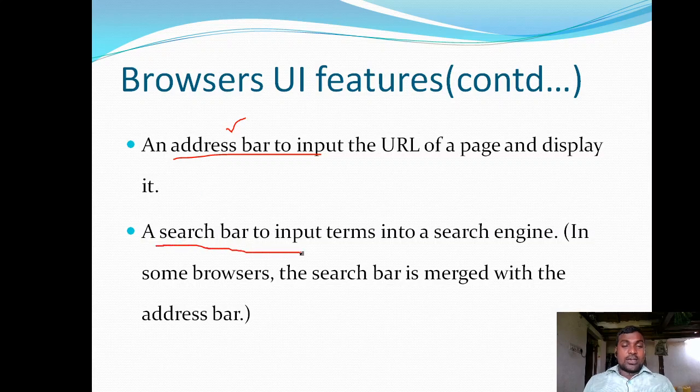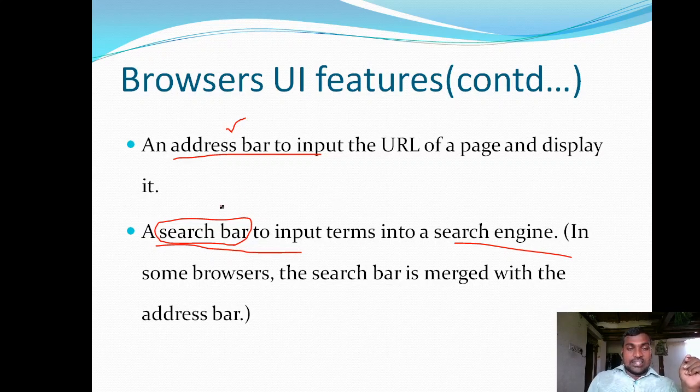Then a search bar to input terms into a search engine. So a web browser must include a search option, a search bar. Okay, that search bar is connected with some search engines based on the user preferences. For example, two people are using the same kind of web browser, but they are using different search engines.